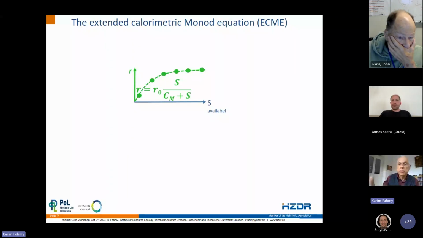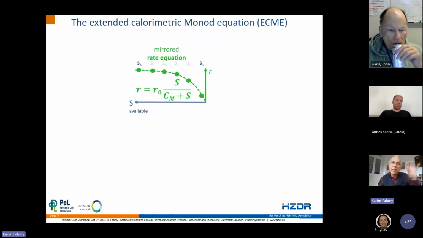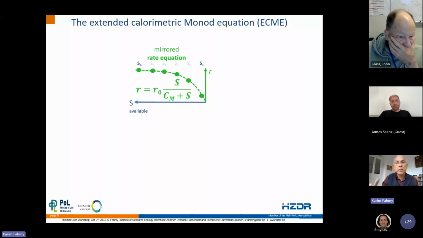That's describing hyperbolic dependence of the metabolic activity of a single cell with respect to available substrate. What I prefer is to present it in this way. The reason is simple. We want to apply this equation not only to the exponential phase as originally defined, but to the whole metabolic lifespan of a batch culture of minimal cells.